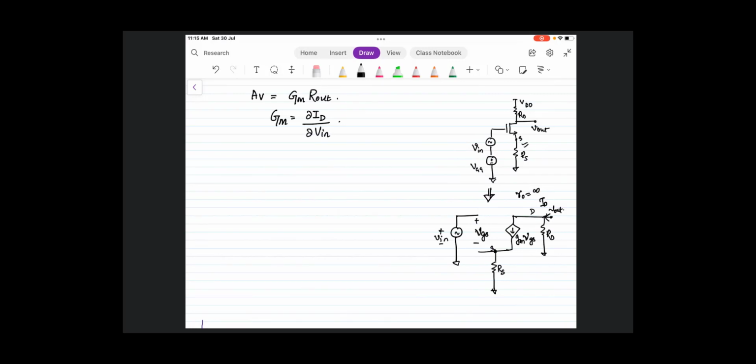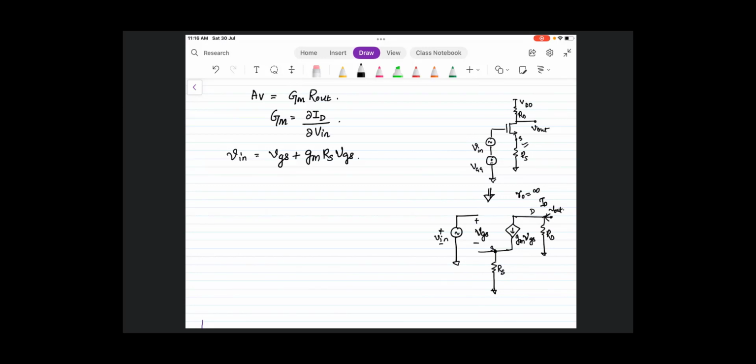So I'll write the KVL equation across it, which is nothing but Vin is equal to VGS plus Gm times RS into VGS, right? Is this clear?